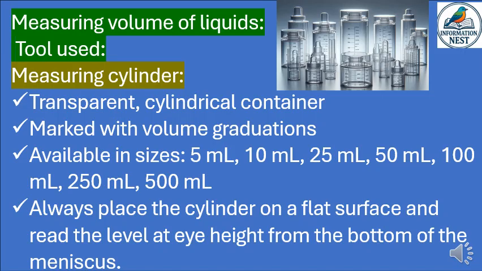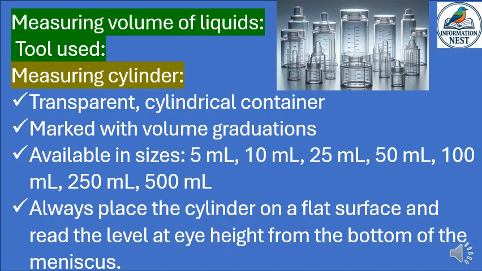Basically, it's like a tall glass with numbers on the side, but way more accurate. Sizes? Oh yes, they come in all shapes and sizes: 5 milliliter, 10 milliliter, 25 milliliter, 50 milliliter, 100 milliliter, 250 milliliter, even 500 milliliter. So whether you're measuring a tiny drop or a whole beaker full, there is a cylinder for that.